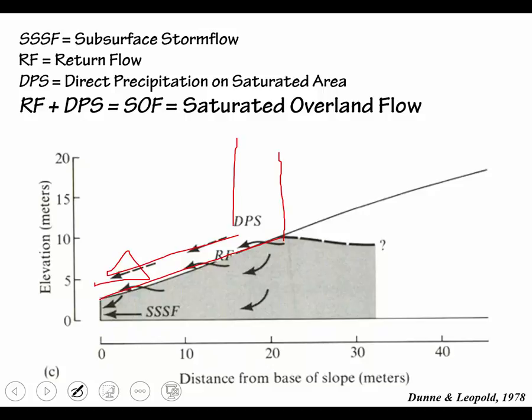It's returning from the subsurface. Because the water table has now intersected the surface, and we've actually got like a spring. We've got groundwater that's discharging onto the surface. Okay. So we've got two sources of overland flow that's coming here. The rain that falls on that wetted area and the water that's emerging from that wetted area. And those two together are the saturated overland flow.